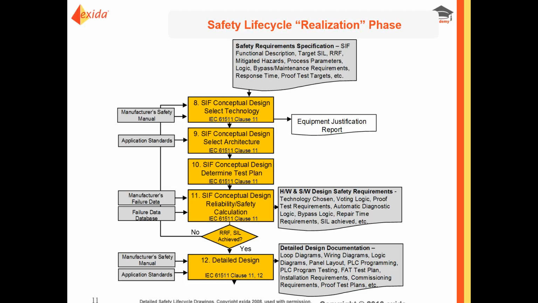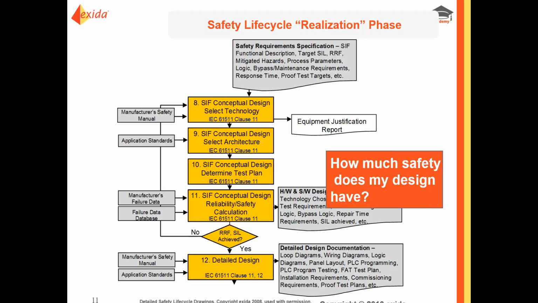All of this is real important in order to do a good job of figuring out how much safety we need. In the realization phase, we need data. We're answering the question, how much safety does my design have? And of course, when an engineer does a safety instrumented function verification calculation, the quality of the result is directly proportional to the quality of the input, especially the failure rate data.